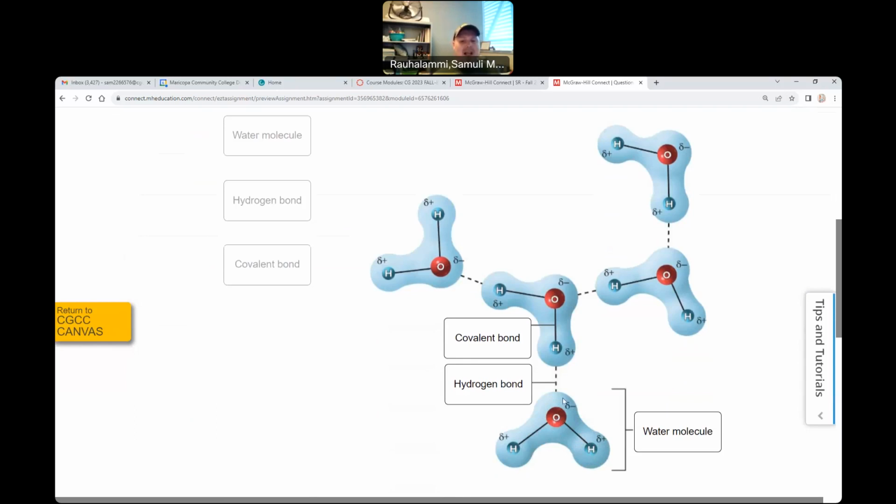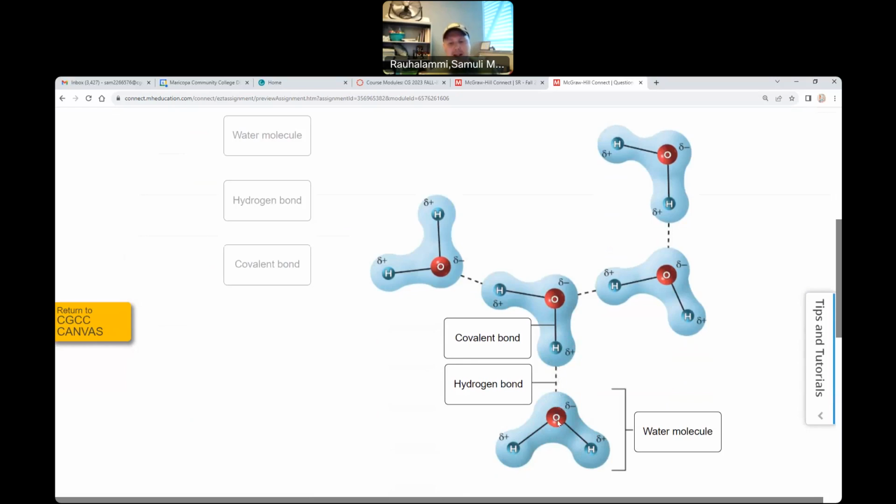Because we had this slight difference in how the charges are distributed in the water molecule, that caused the negative portion of one water molecule to be attracted to the positive portion of the next water molecule. And this bond that we see between water molecules is known as a hydrogen bond.